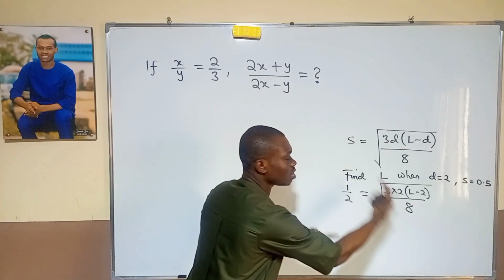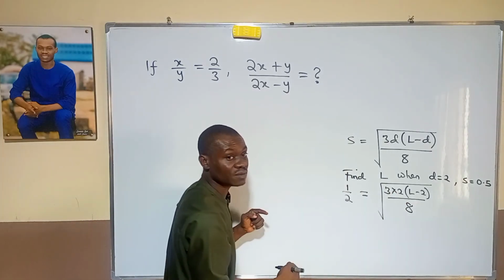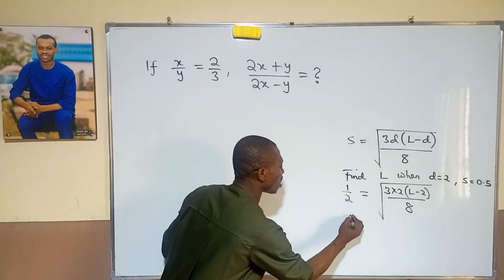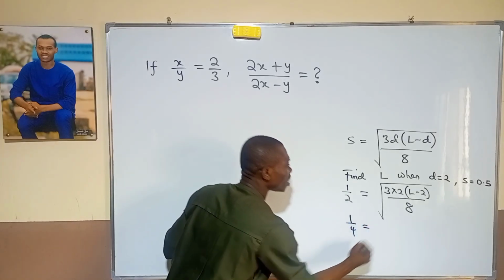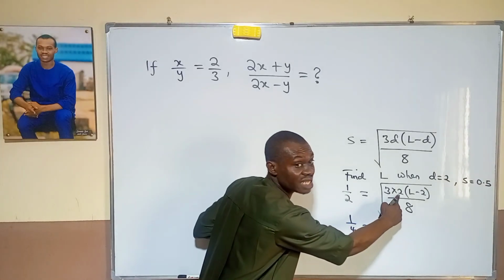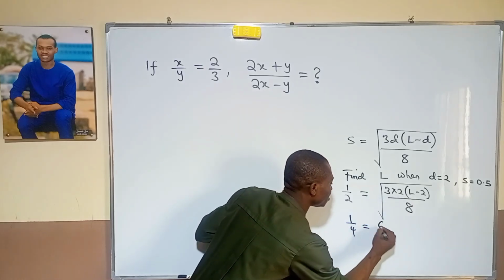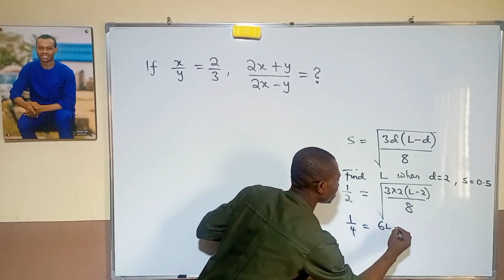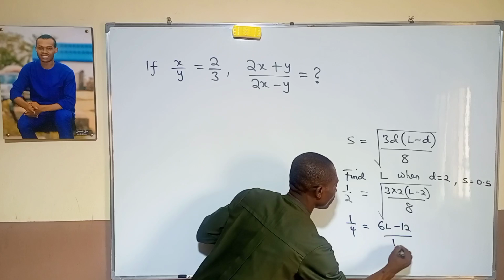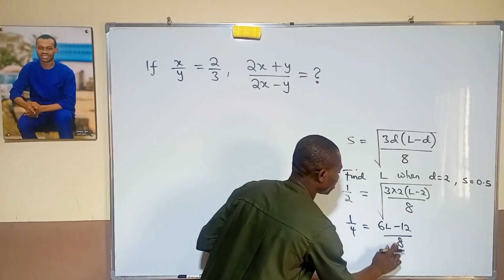Now, if I move the square root to the other side, it becomes a square. And the square of 1 over 2 is 1 over 4. And that is equal to this to give me 6. 6 times L is 6L. 6 times minus 2 is minus 12 over 8. Sorry, this is 8, not 18.